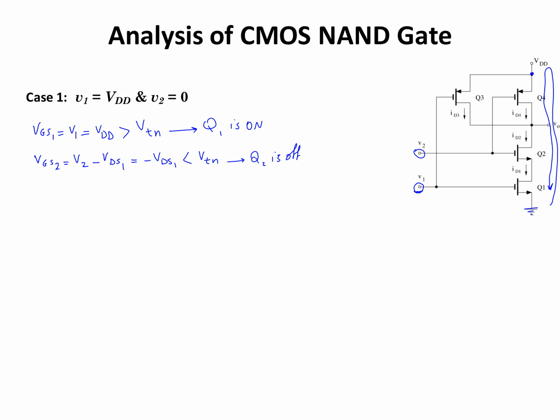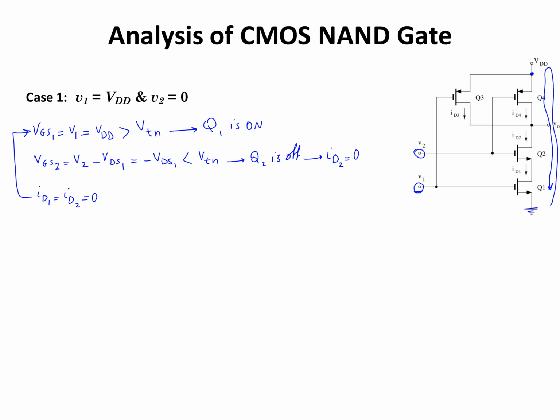Because Q2 is off, ID2 is going to be equal to 0. Because ID1 and ID2 are the same, both of them are going to be equal to 0. So I'm going back to the first equation that I got. I know that Q1 is on, and ID1 is equal to 0.